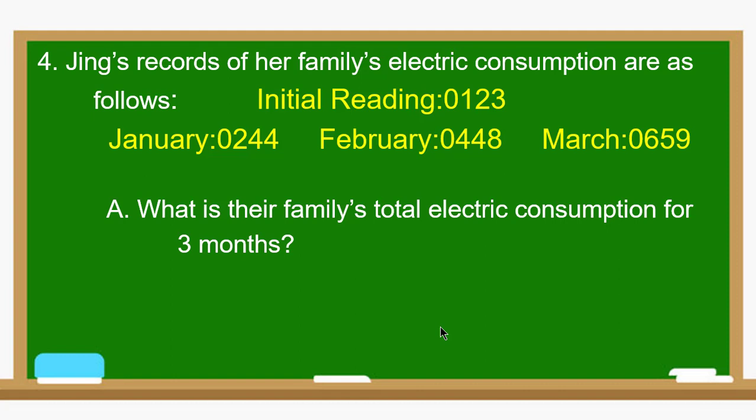Number 4. Jing's records of her family's electric consumption are as follows. Initial reading 123, January 244, February 448, and March 659.